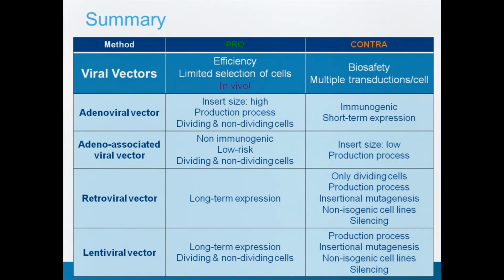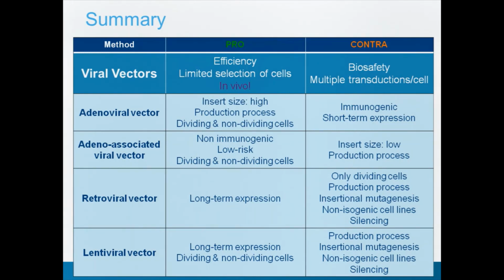On the contra side, you have biosafety issues, and you can get multiple transductions per cell. There are differences between the different viral vectors. The adenoviral vectors, they have short-term expression mainly. Adeno-associated viral vectors have only low payloads, but you can get long-term expression.